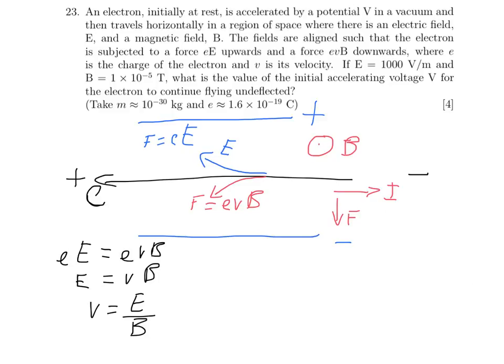So the velocity that it needs to be going at for those to cancel out is E over B. E, we are told, is 1,000 volts per meter, and B, we are told, is 1 times 10 to the negative 5 teslas. Putting those numbers in, we get 10 to the power of 8.